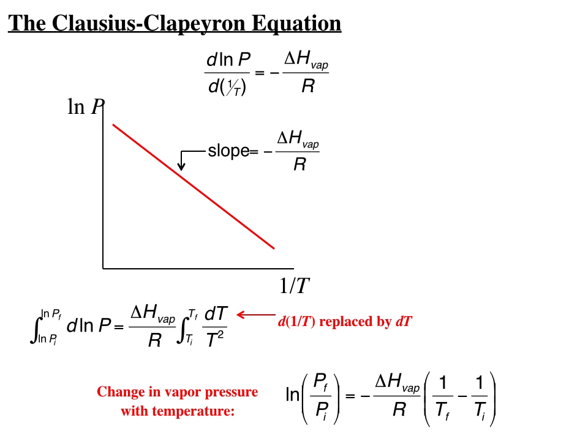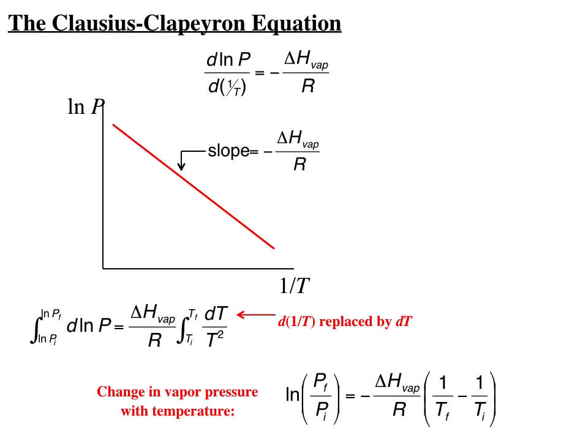On the previous slide, we found that approximating the phase boundary between the liquid and the vapor, we come to the conclusion that d ln P over d(1/T) is equal to minus delta H vap over R. And of course, the left-hand side of the equation looks like a slope.